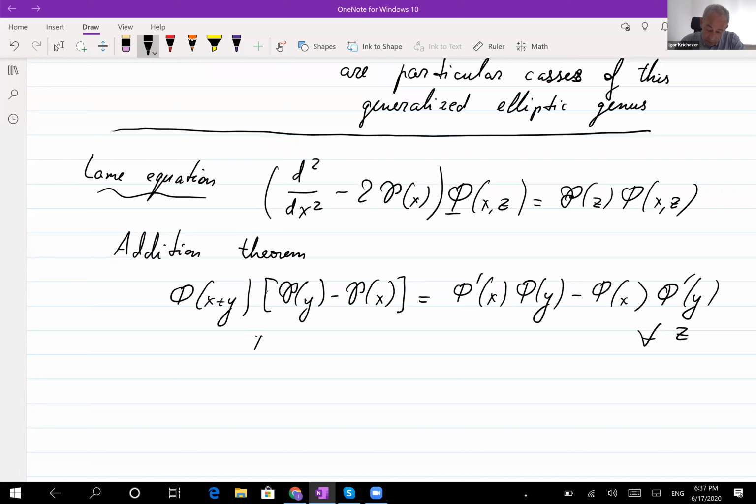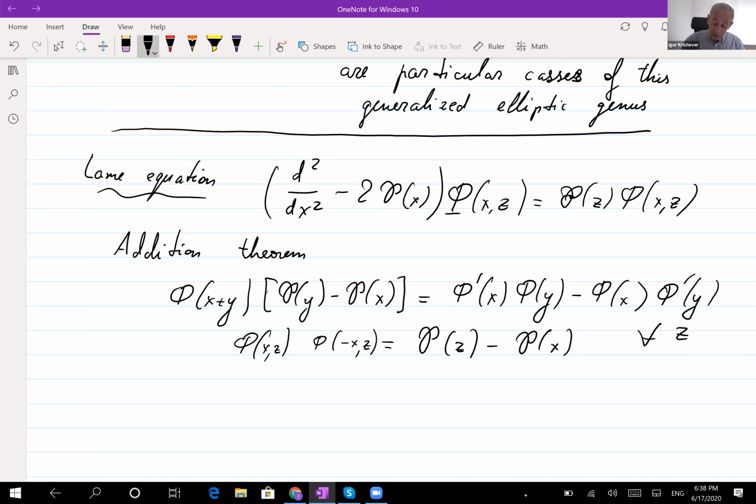And in addition, there is a relation: phi of x times phi of minus x equals p of z minus p of x, where phi depends on x, z and minus x, z.